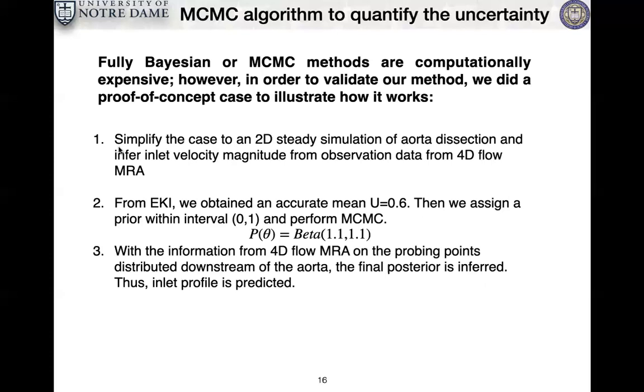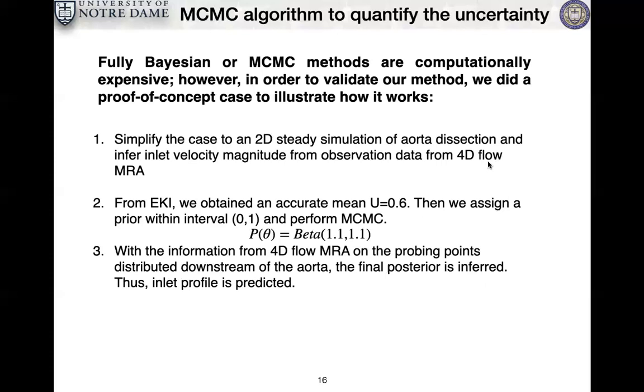The first step is we simplify the case into a 2D static simulation of aorta dissection. The aorta dissection is actually another very common cardiovascular disease. And we also infer the inlet velocity from our observation data obtained from the flow MRI and also the CFD model.